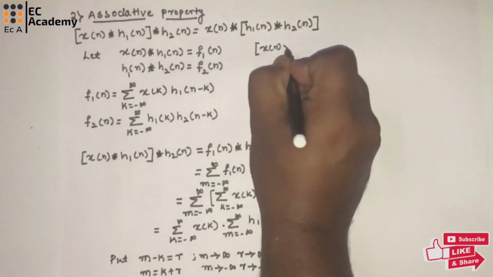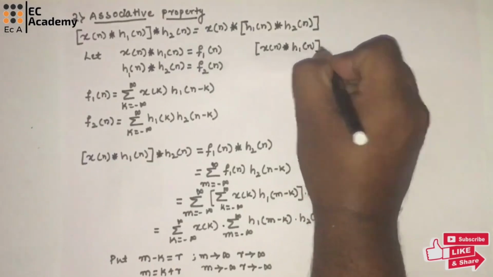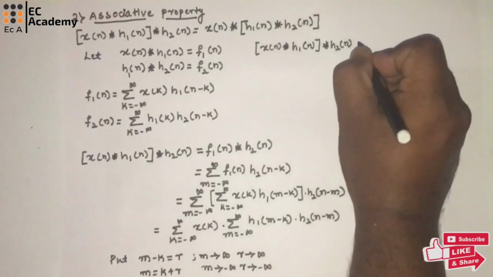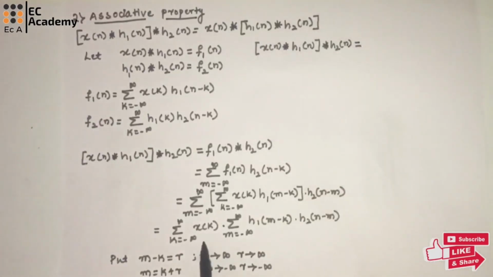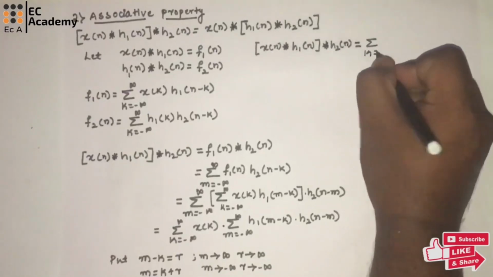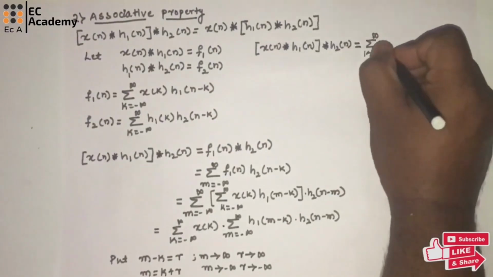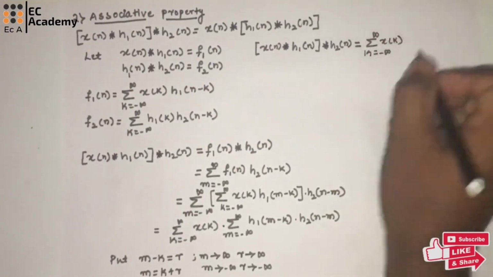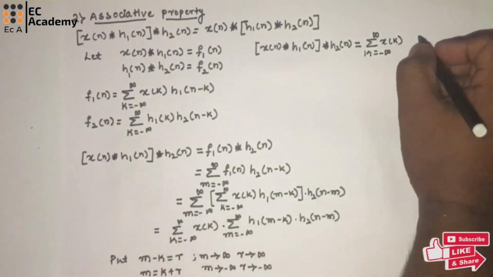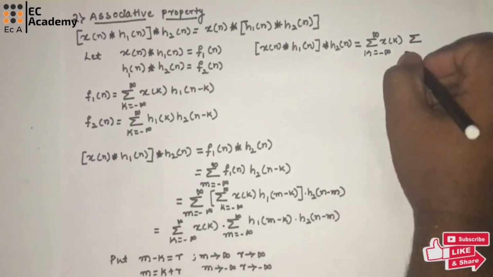x of n star h1 of n star h2 of n is equal to, so we can write this equation as summation of k is equal to minus infinity to infinity x of k. So we'll retain this term as it is. For this term we'll write it as summation of, so instead of m we can write it as r.